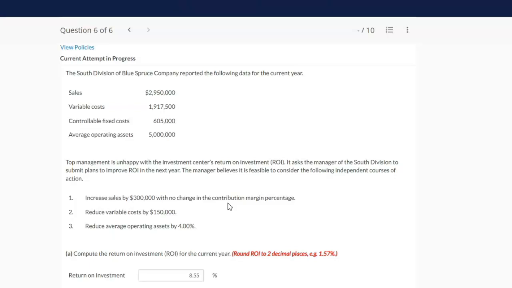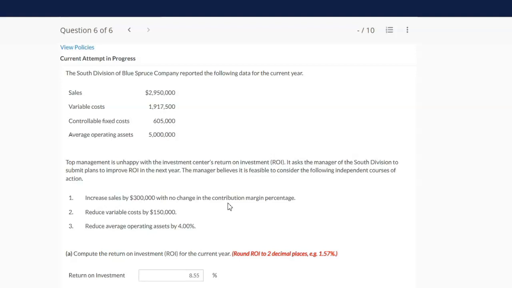Now add 300 to the sales. 2,950 plus 300, so that's 3,250,000. Now get the new contribution margin, take the same percentage, 35%. Multiply this amount by 35%. The new contribution margin is 1,137,500.